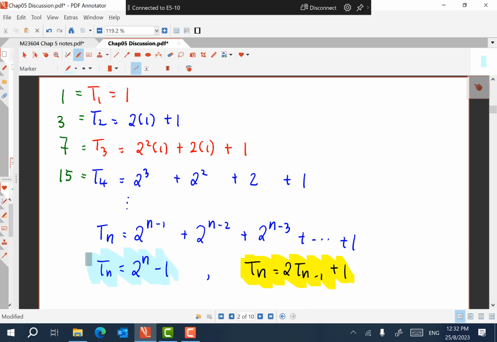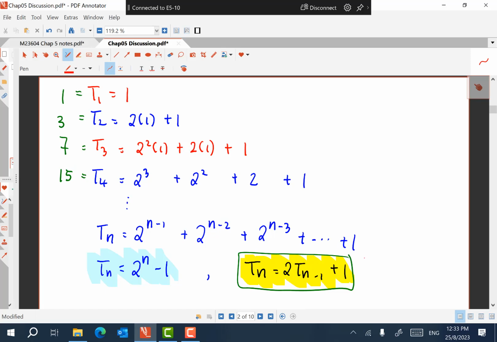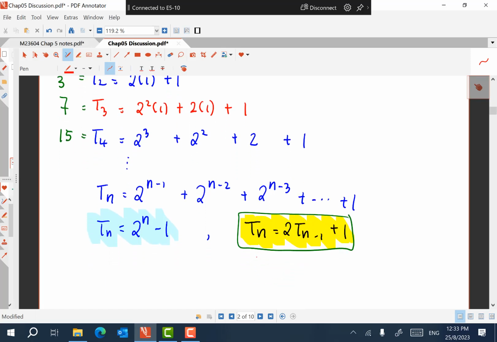If this is the given recurrence relation, after many attempts, you believe that the solution to such a recurrence relation will always look like this.